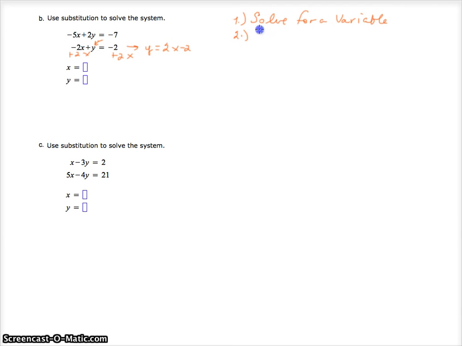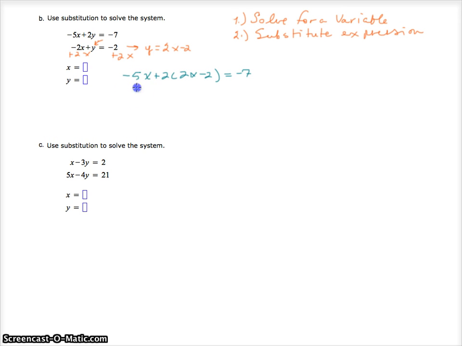Then I can use substitution. So now 2x minus 2 is going to go into the next equation for y. So I will end up with negative 5x plus 2 times 2x minus 2 equals negative 7.